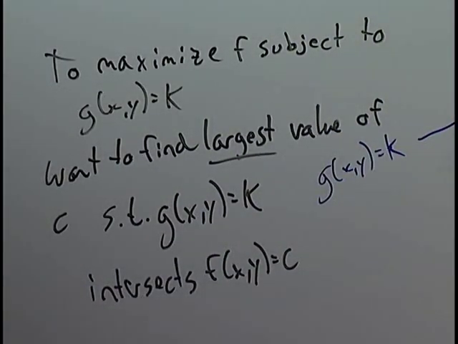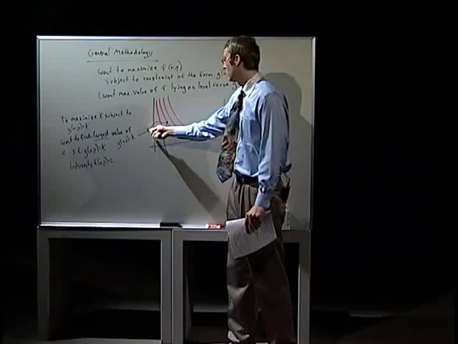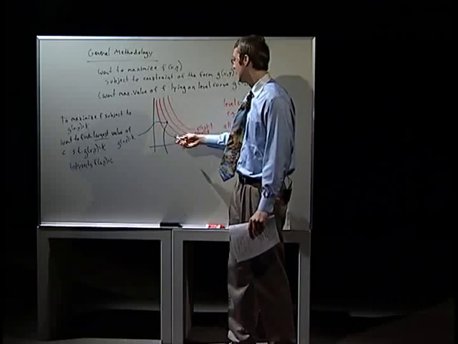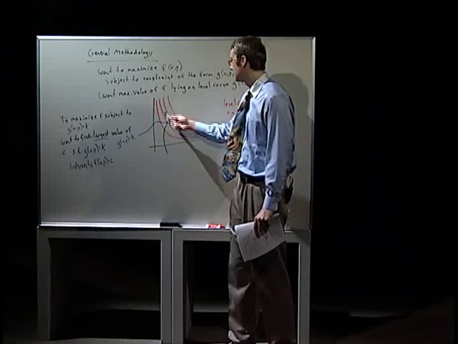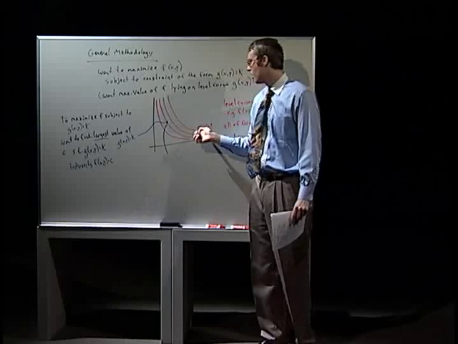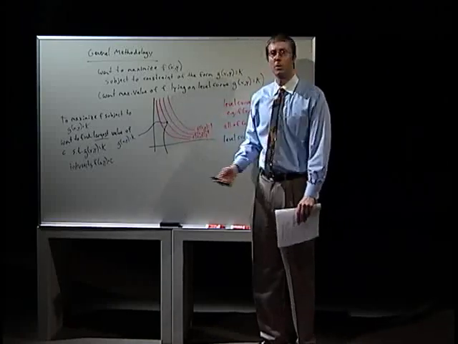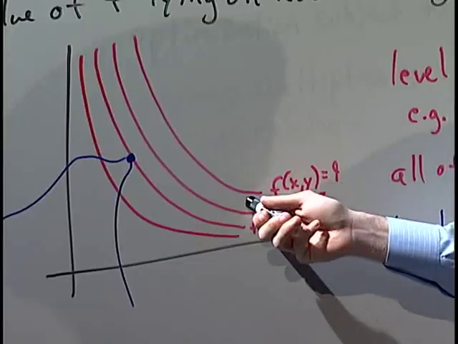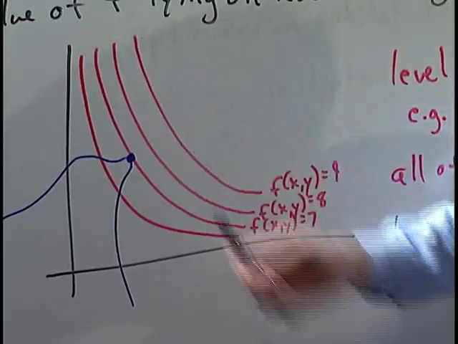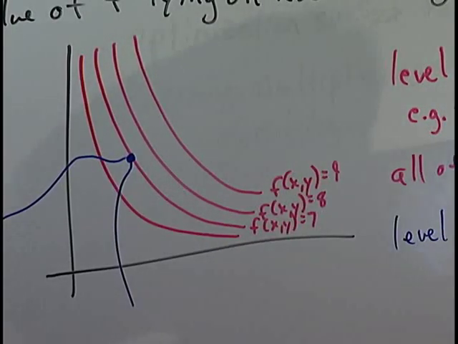And I'll write this down in a second, but to look at this geometrically, think about it. So here's a level curve g of x, y equals k. Here are level curves f of x, y equals c. I've only drawn a few of these up here, but between these level curves are lots more level curves, right? There's f of x, y equals 8.5, and f of x, y equals 8 1/3, and so on and so forth.